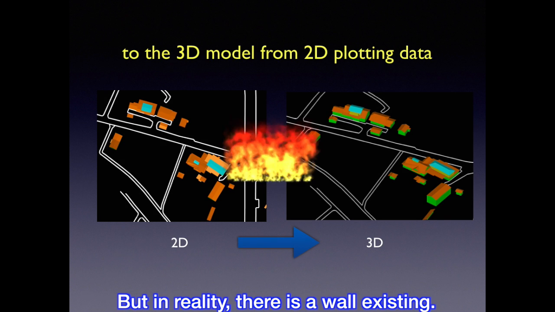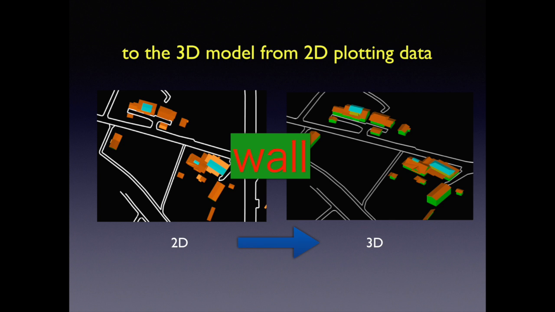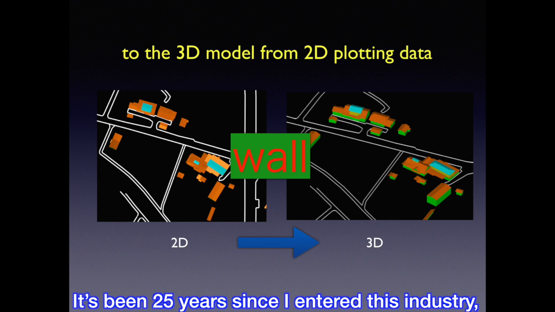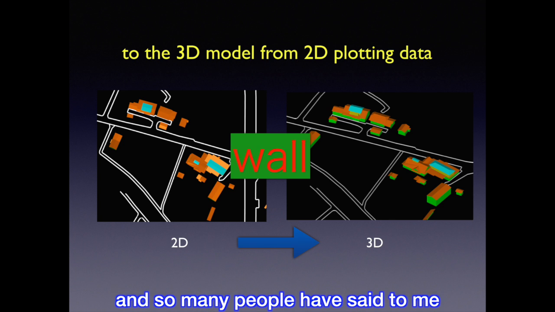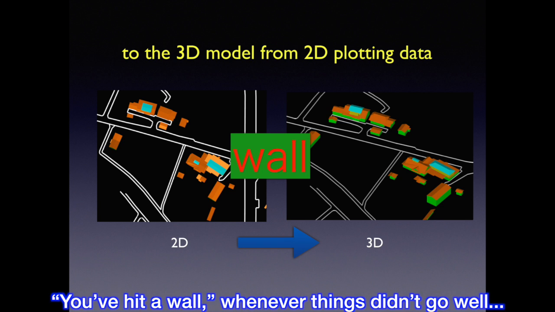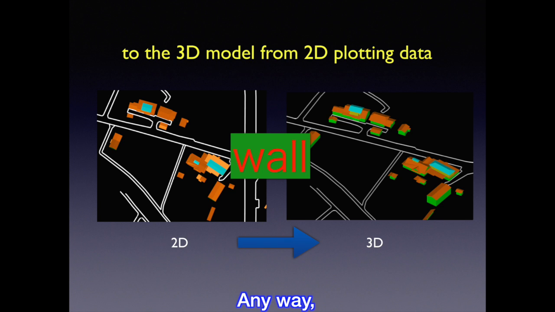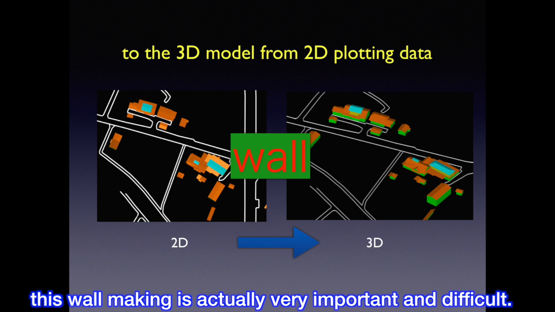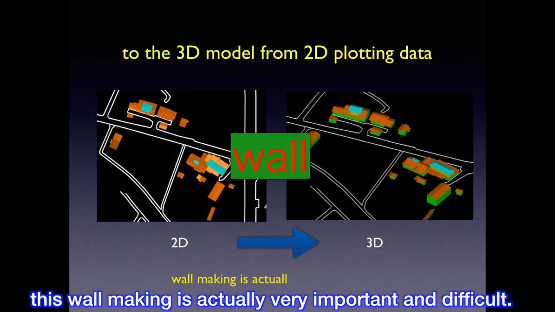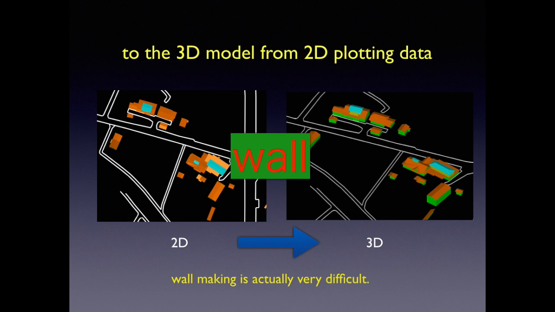But in reality, there is a wall existing. It's been 25 years since I entered this industry, and so many people have said to me, "You've hit a wall," whenever things didn't go well. Anyway, this wall making is actually very important and difficult.